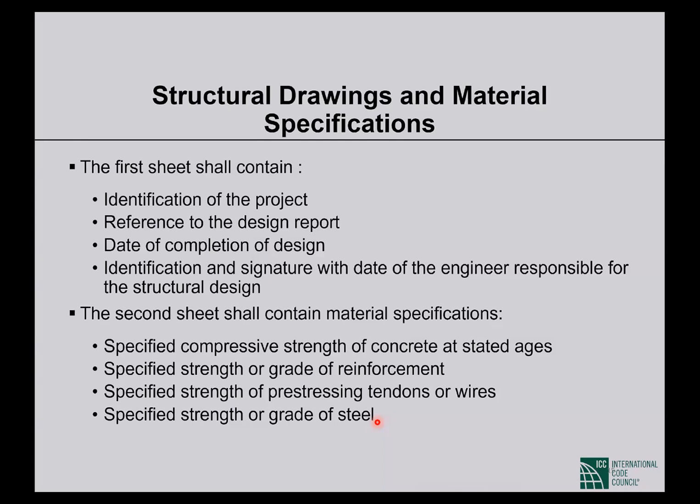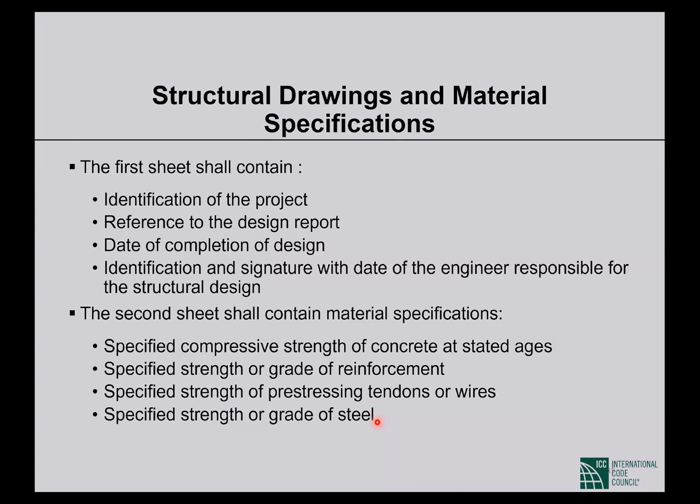Specified strength or grade of reinforcement, whether it is 400 MPa or 560 grade or 72.5 grade or 40 grade reinforcement. In my opinion, we should mention the BDS standard nomenclature like B400 DWR, that nomenclature, because that is the standard of Bangladesh, BSTI standard.